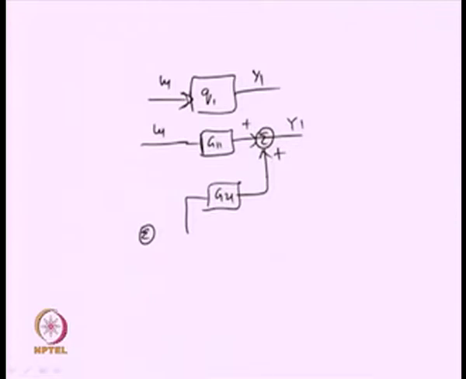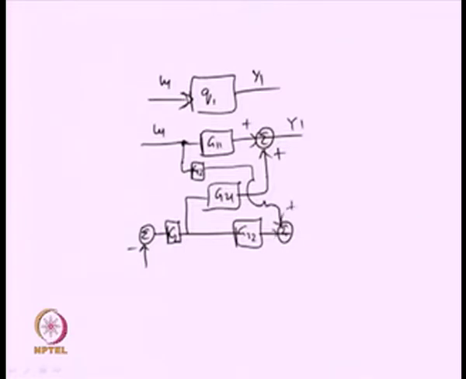So, basically I have the summer here, then the controller C2 and G22, and G12 coming from there. So, G12 is adding over here. Okay. So, this will give us Y1 upon U1.